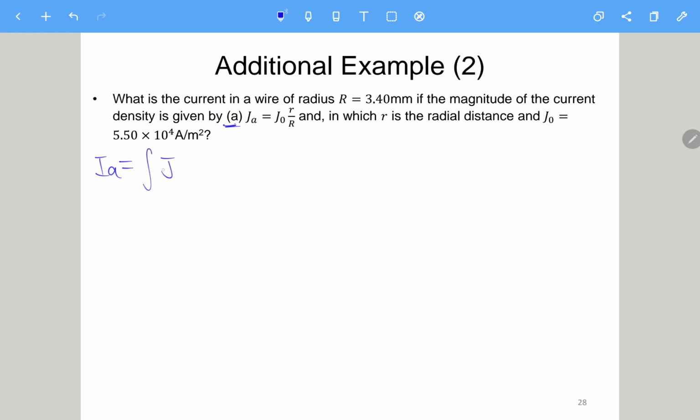So integration of J_A dA. Okay, so we can just plug in this one. J_A is J0 r over R, or r over capital R. dA should be the one for the polar coordinate. So it is r dr d theta.